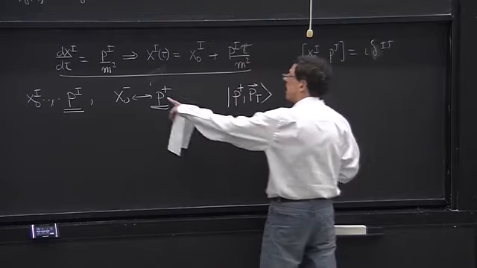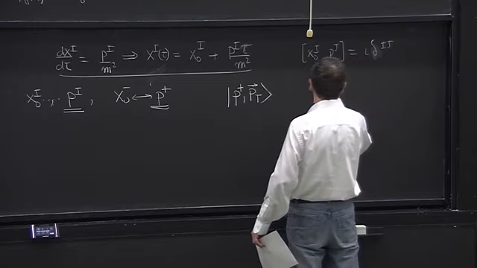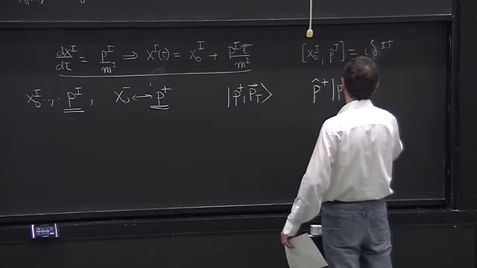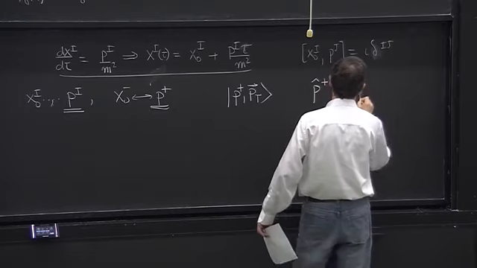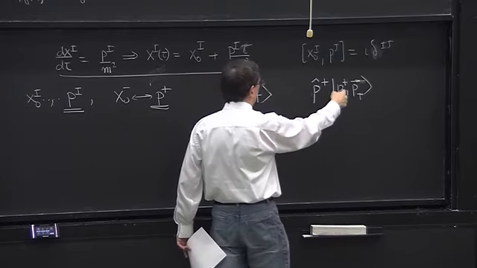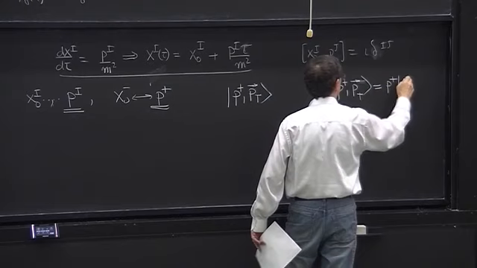These are eigenstates of this operator. So if I write the eigenstate equation, I should write it with a hat, not to confuse you. P plus, P transverse. So the P plus operator acting on this thing is equal to P plus times the state.